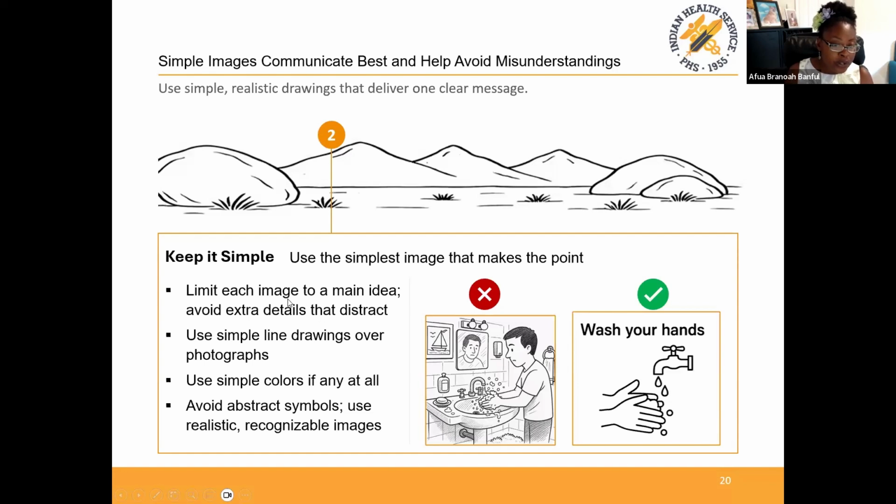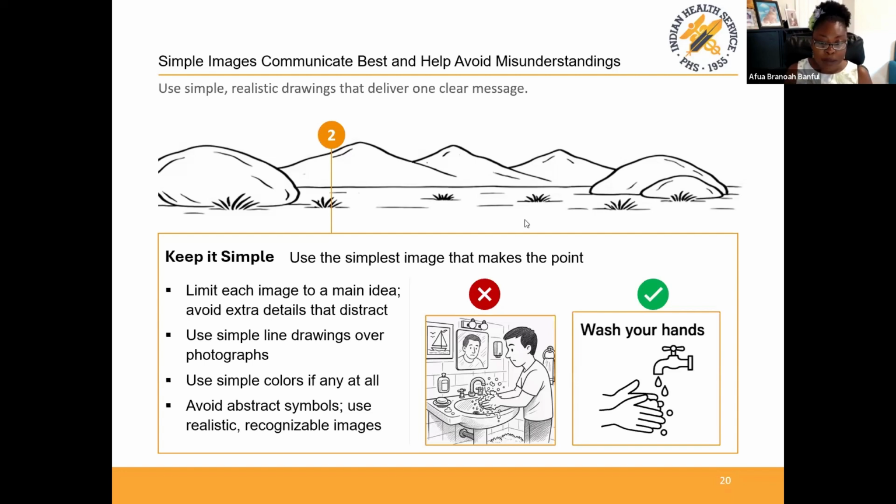And wherever possible, use simple line drawings over photographs, because again, all of that detail may be distracting. If you're going to use colors, use simple colors, colors with high contrast, right? If you're going to use colors at all.